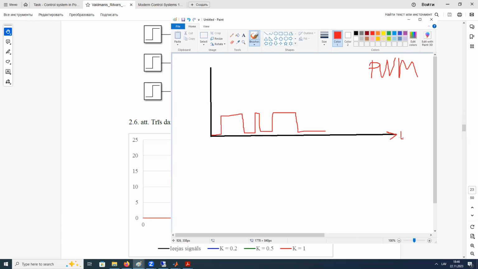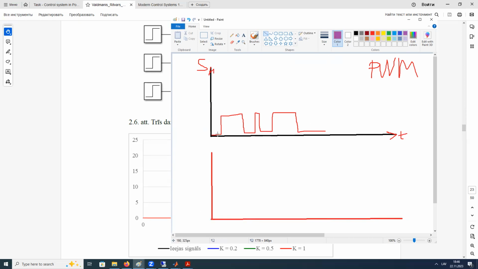Time, signal. What will happen? It's an input signal for an integrator. What will we get?